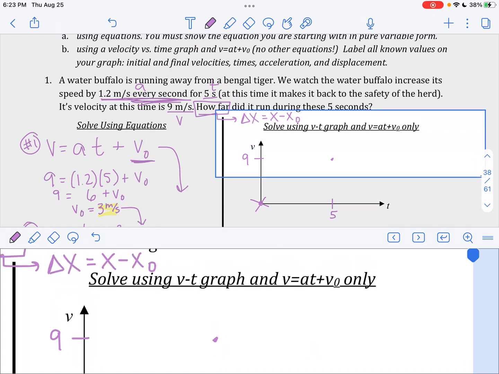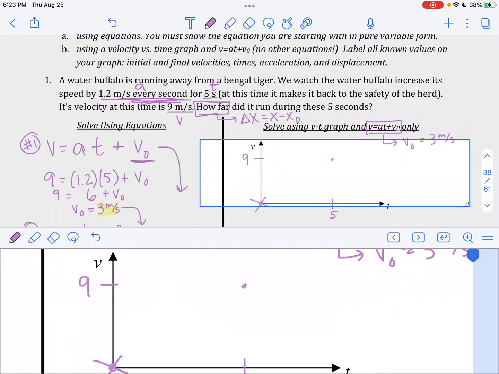Luckily, I already used this equation on the left side of my paper, so I'm just going to write down that I already solved this, and it was 3 meters per second. So my initial velocity, or my y-intercept, is 3. Now I'm going to connect those 2 points with a constant slope, or a line, because I have a constant acceleration of 1.2 meters per second, which is the slope on a VT graph. It's the acceleration.